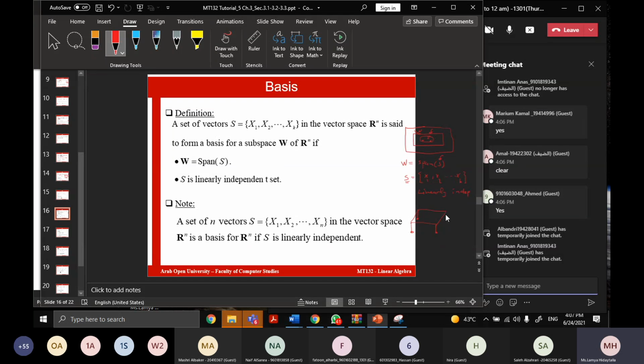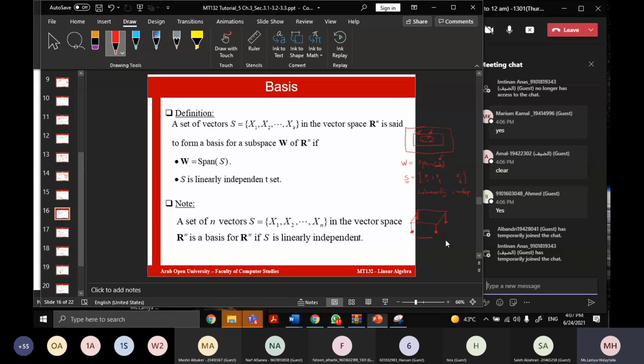So think of them as if they are the basis for this table, to let this table stand. As if this is your set S. If you remove any one of these, then the table will fall. So all of them are important.